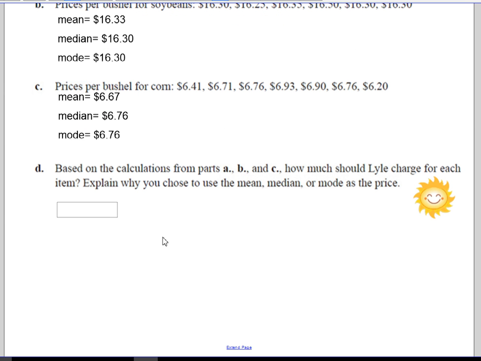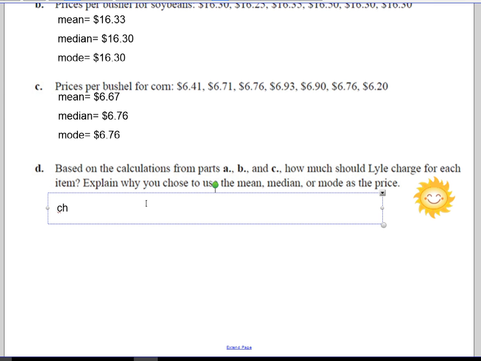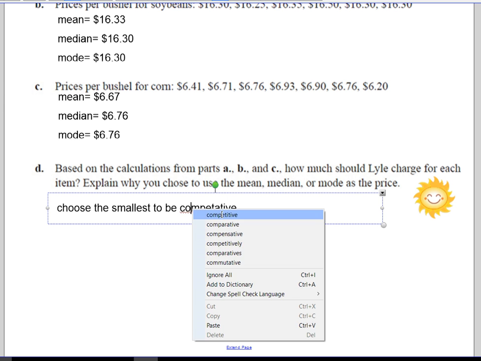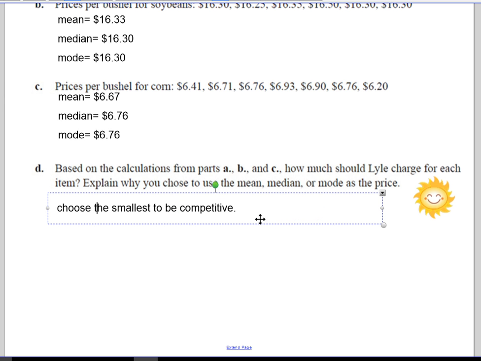Well, I would choose the largest or the smallest to be competitive. You want them to buy from you. You would want them to purchase from you, so you would want to be competitive with them.